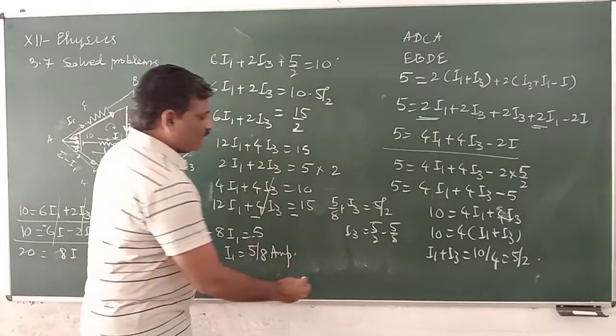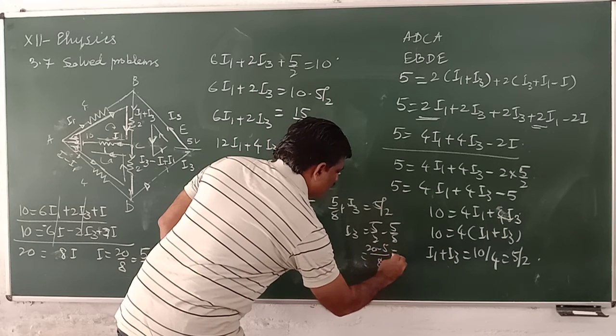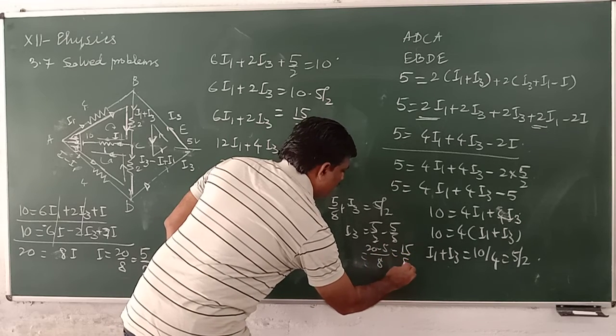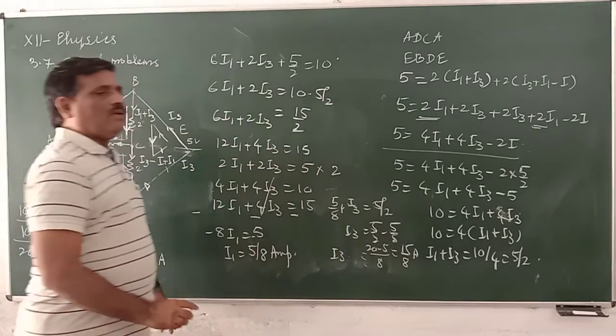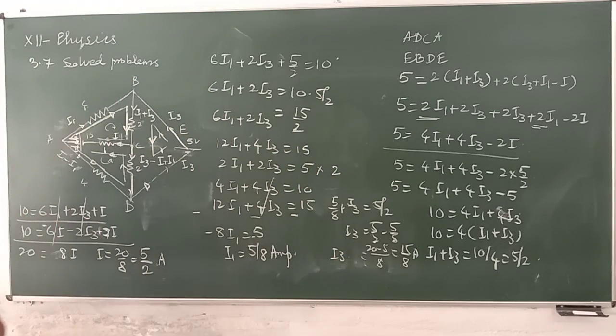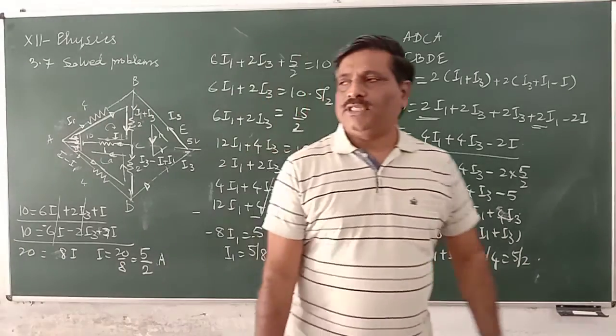Taking 8, it is 15 by 8 ampere. I3 is equal to 15 by 8 ampere. In this way, we can find out all currents. We got I1 and I3. For all branches, we can find out current.